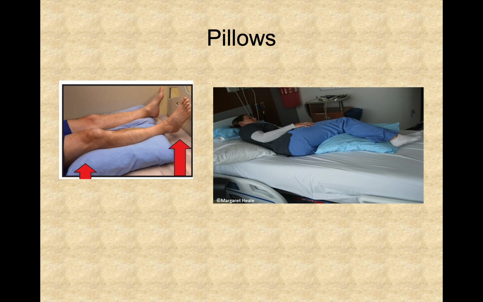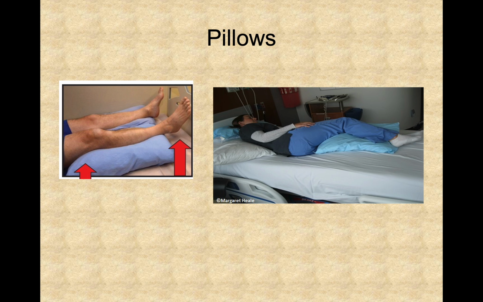Another thing that we do to help offload pressure points is the utilization of pillows. Pillows are nice because they're available in abundance. We use pillows in the hospital, and probably in other healthcare settings, quite routinely, and tend to have several of them at our disposal.